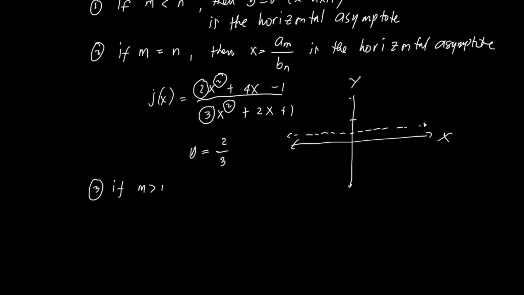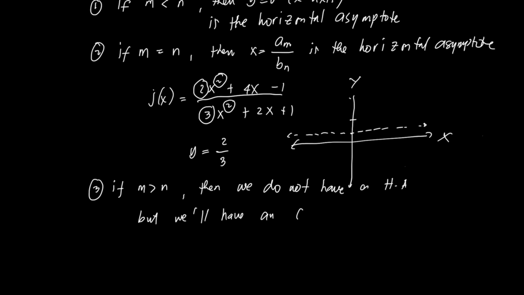Now, the third case: if m is greater than n, then we do not have a horizontal asymptote, but we'll have an oblique asymptote.